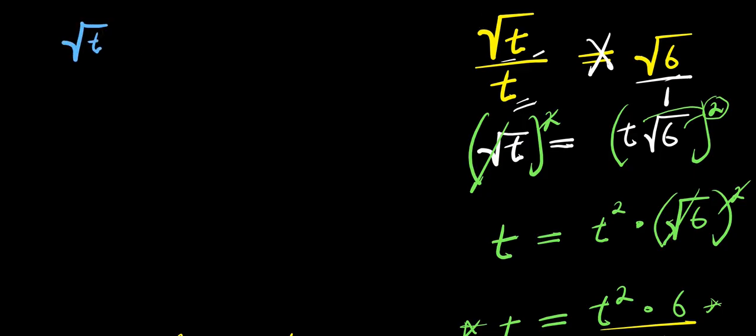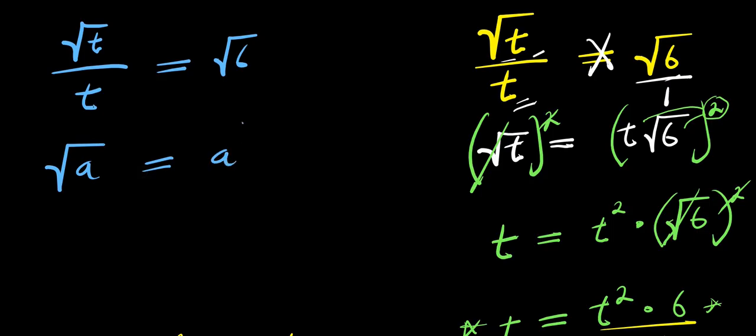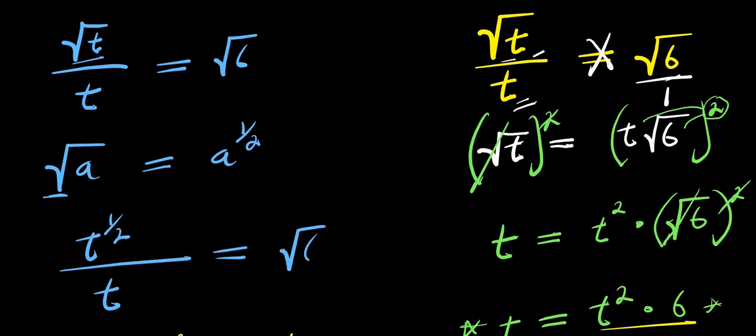This is square root of t divided by t equals square root of 6. So what I'm going to do will be to apply this identity. If you have square root of a, this is just like writing a to the power of 1 over 2 because the square root represents 1 over 2 here. So instead of writing square root of t, I will have t to the power of 1 over 2 divided by t equals square root of 6.